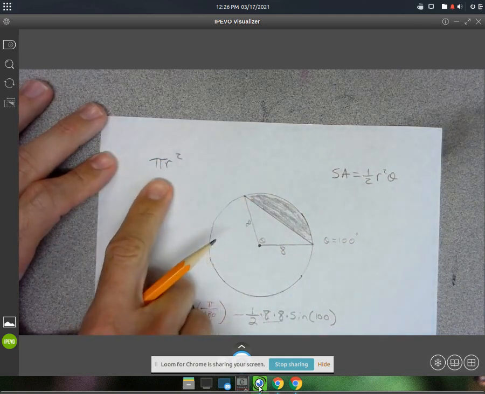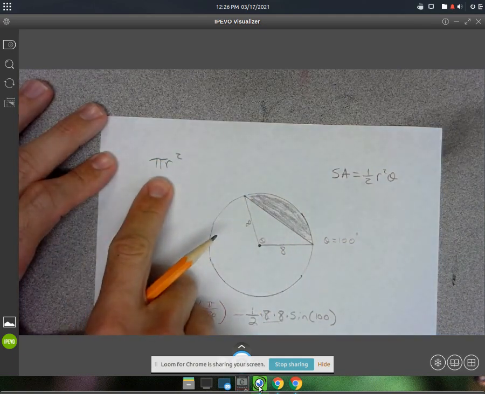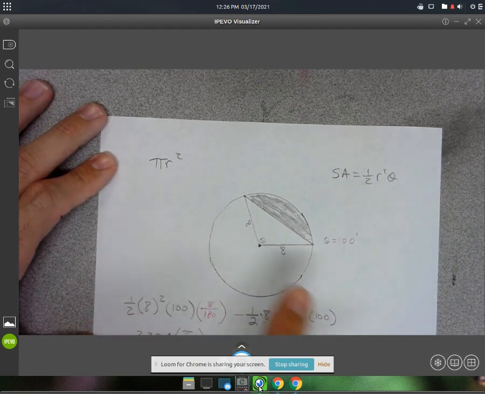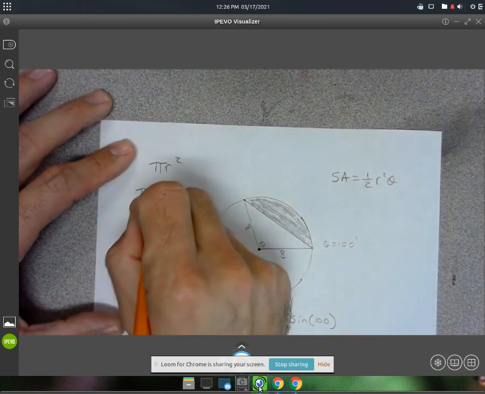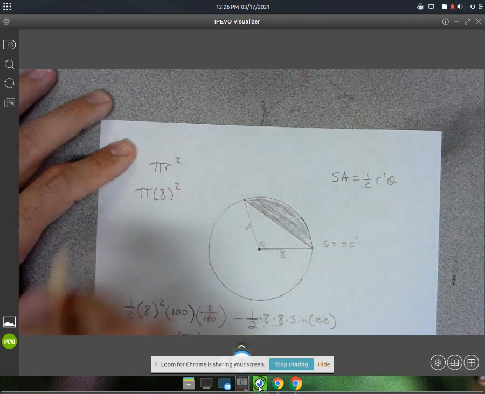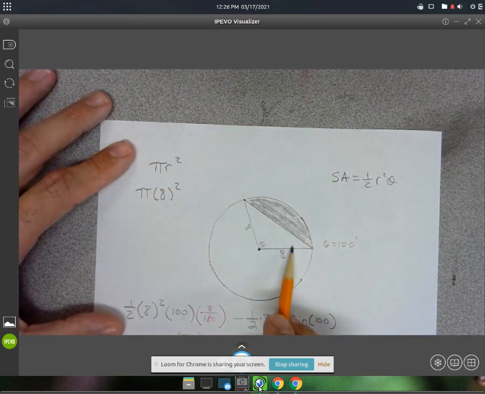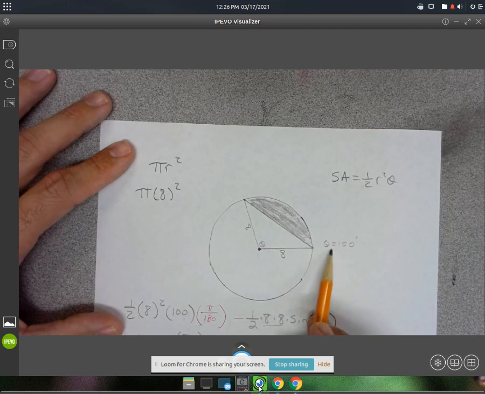This is the area of a full circle, but you don't want a full circle. We've got pi times 8 squared here, but we don't want the entire thing. We only want a little bit of it.